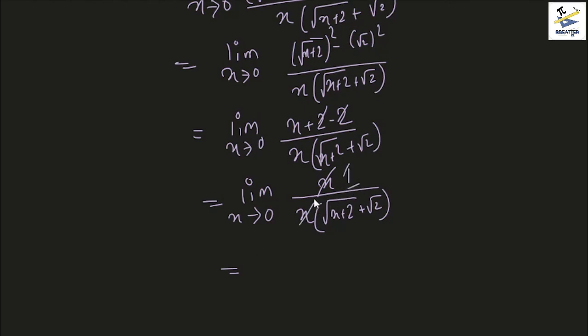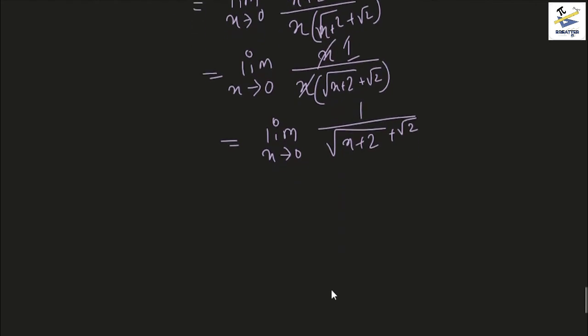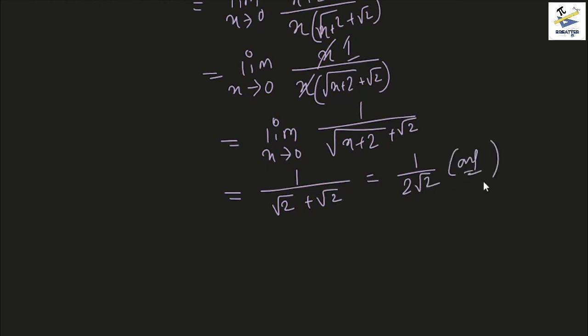It's a valid operation, and thus we have the limit as x tends to 0 of 1 divided by (root of x plus 2 plus root of 2), right? And this should give me, when I put the value, root 2 plus root 2, which is 1 by 2 root 2, which is the answer to our question, right?